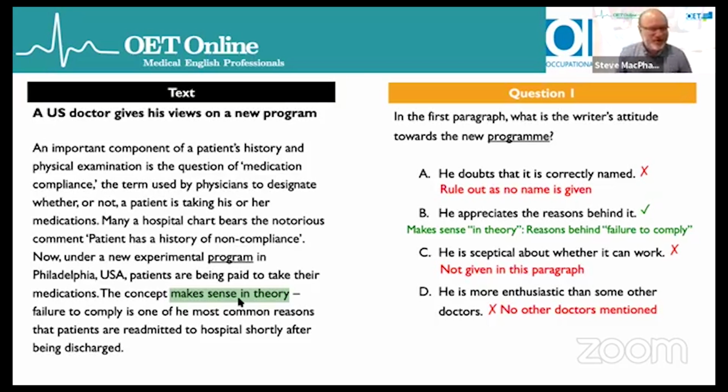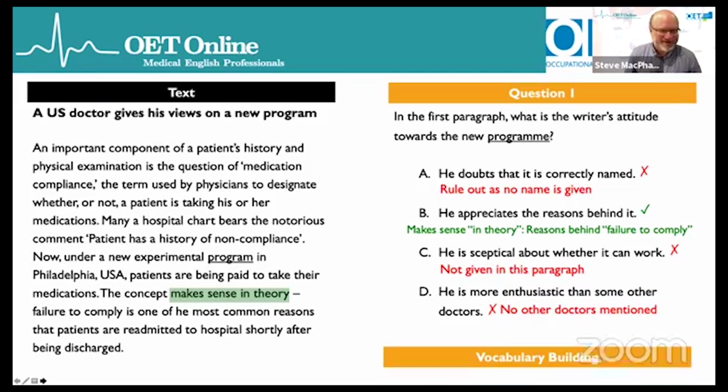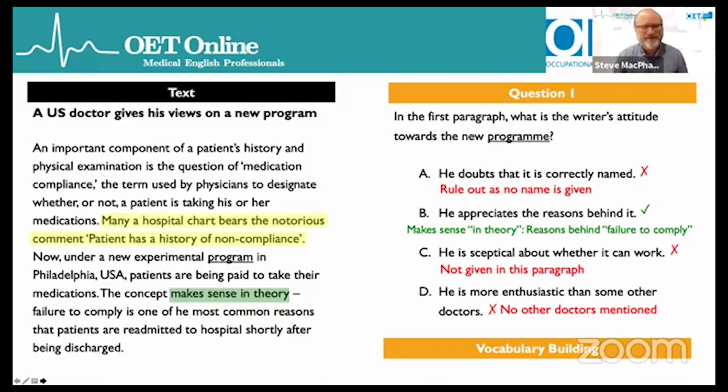All right. And in terms of vocabulary, I just want to show everybody something. Look at this sentence. Many a hospital chart bears the notorious comment, patient has a history of non-compliance. Can anyone tell me what notorious means? We have a word called famous, and notorious is connected to that, but not quite the same.